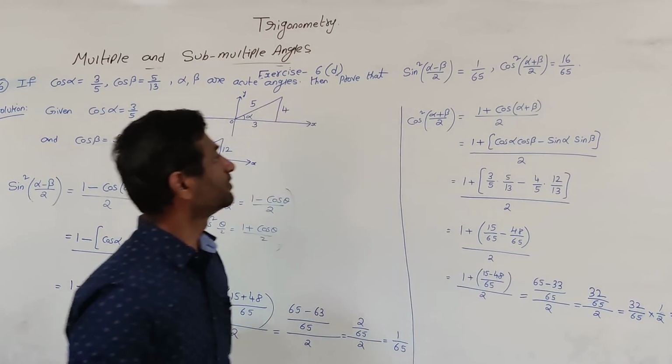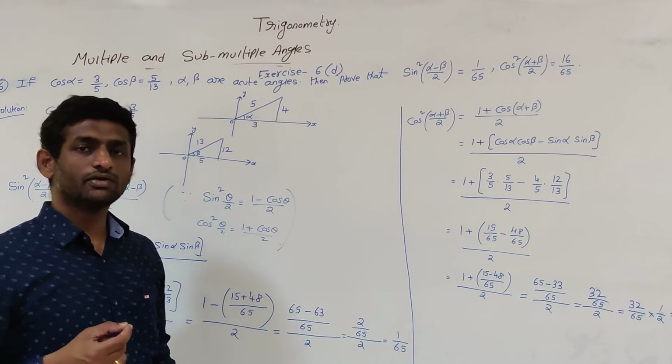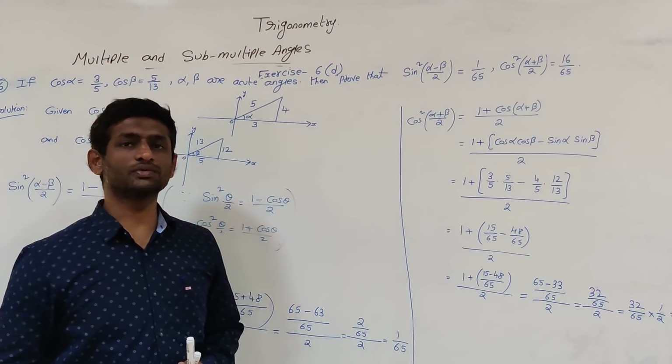So the value of cos square of (alpha plus beta) by 2 is 16 by 65. And we'll continue the problems in the next session. Thank you.